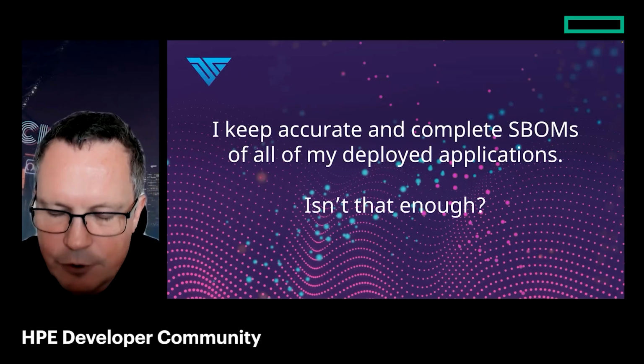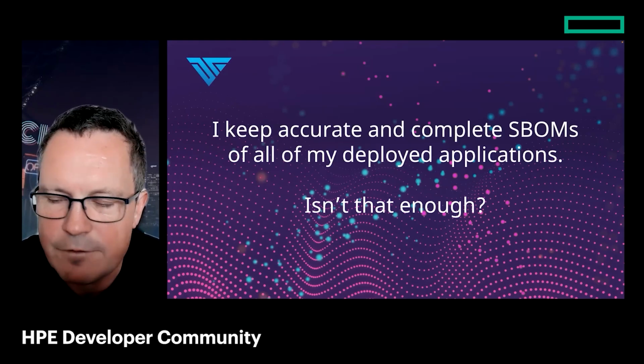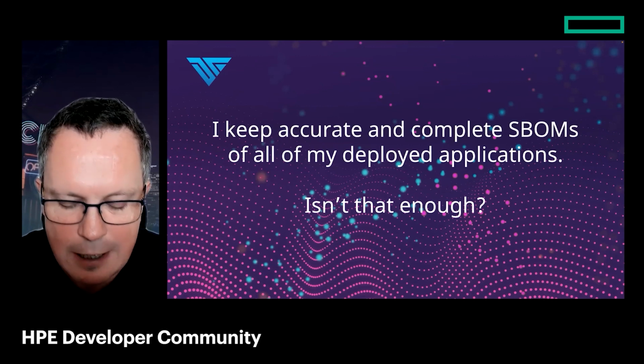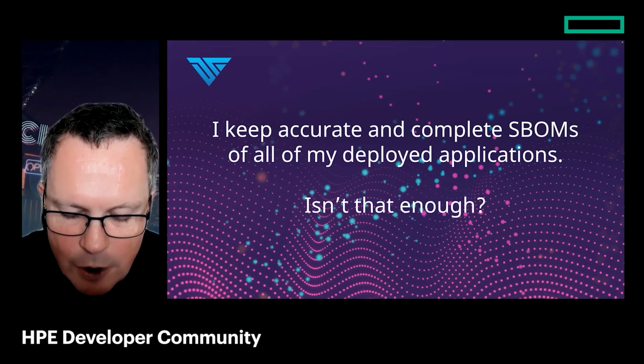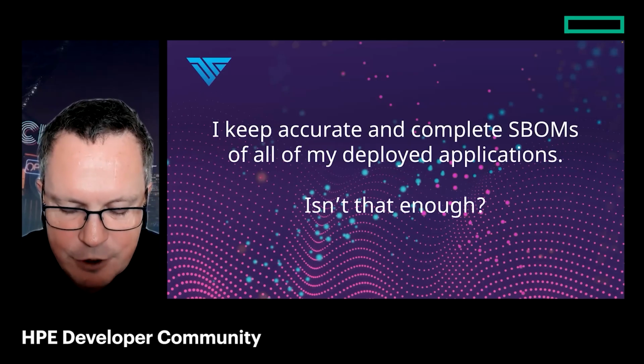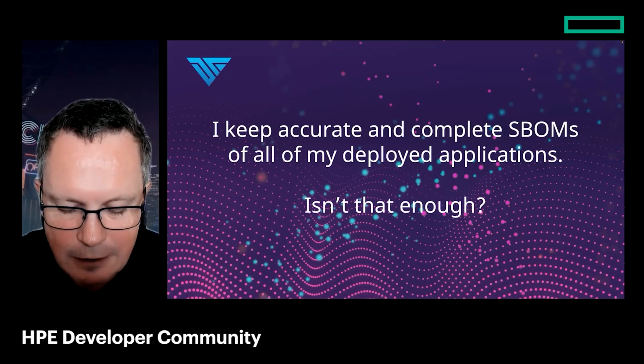There are great processes and tooling in place to audit and log the software, the SBOM, software bill of materials, for applications. I know of a number of our users who are using tooling that captures these SBOMs and archives them, tagging and mapping them against running applications.